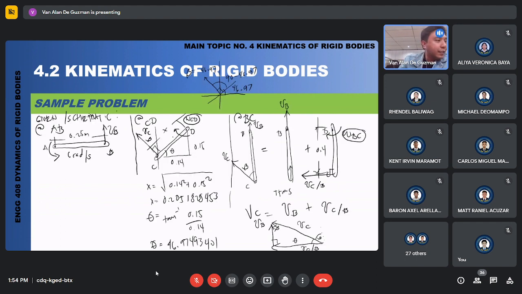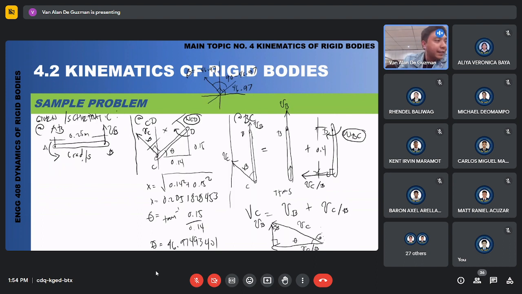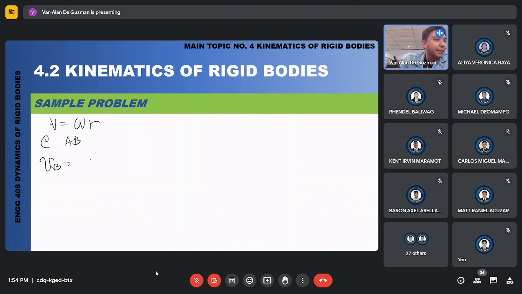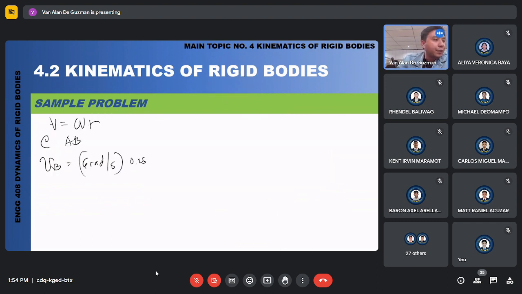This one, linear velocity, VB, that is equal to angular velocity. Ano yung angular velocity natin? Binigay as 6 rad per second, multiplied by ano yung ating radius? 0.25 meters.